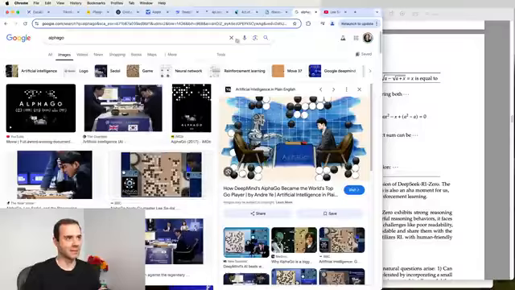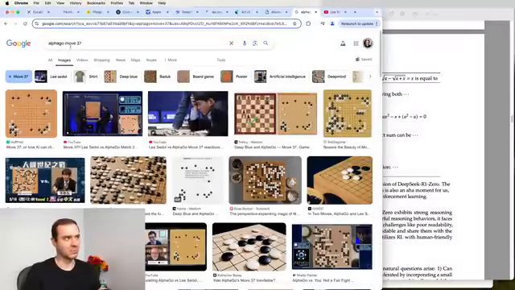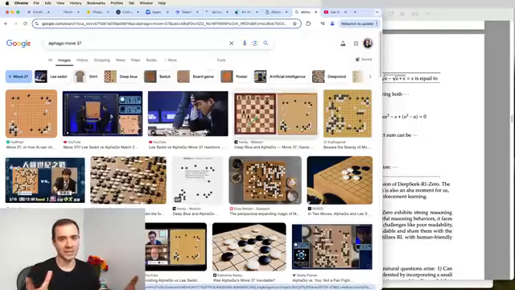And so when we go back to this AlphaGo search here, one of the suggested modifications is called move 37. Move 37 in AlphaGo is referring to a specific point in time where AlphaGo basically played a move that no human expert would play. The probability of this move being played by a human player was evaluated to be about 1 in 10,000.